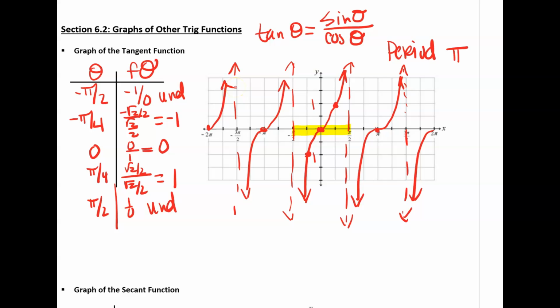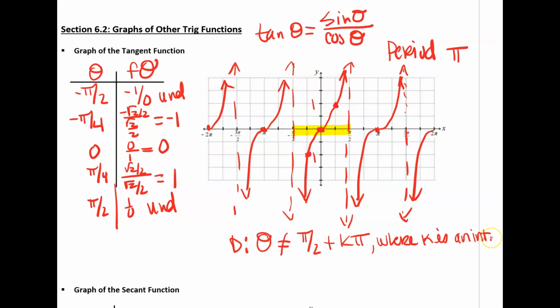And so some observations. We can see that the domain is whatever theta is cannot equal pi over 2 because that's where those asymptotes occur, but it happens every pi period. So we actually say plus k pi, so we can move over, where k is an integer.